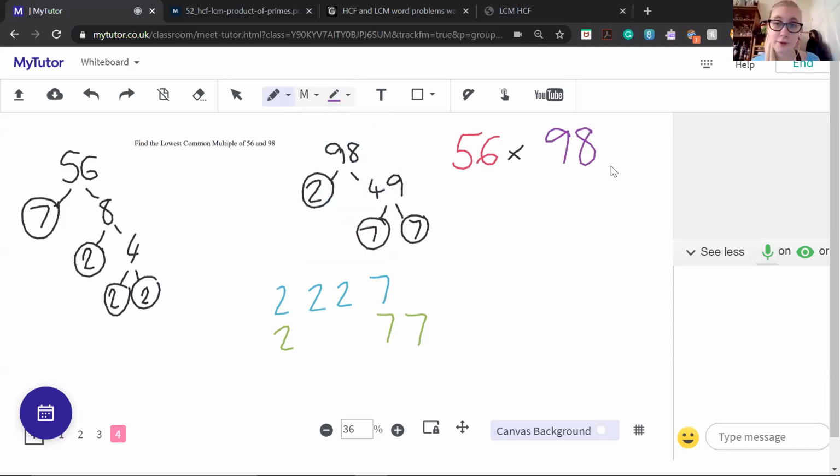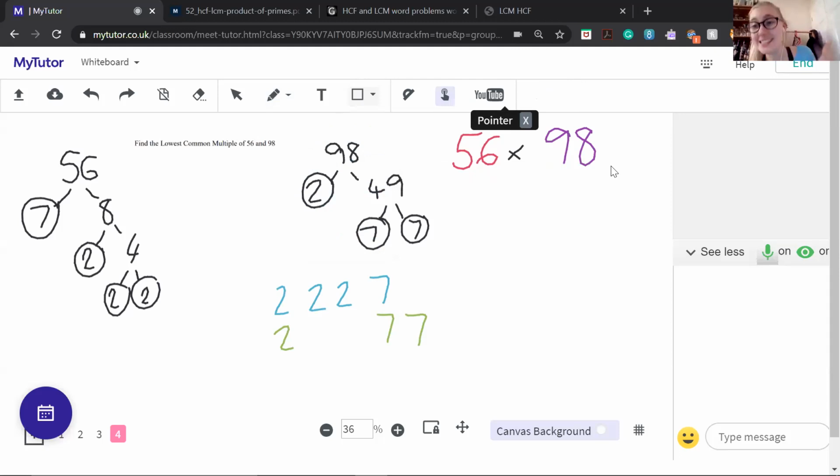That's going to be a common multiple, right? Because 98 56s are definitely a multiple of 56, and 56 98s are definitely a common multiple of that. So we could do that, but we can definitely get lower.